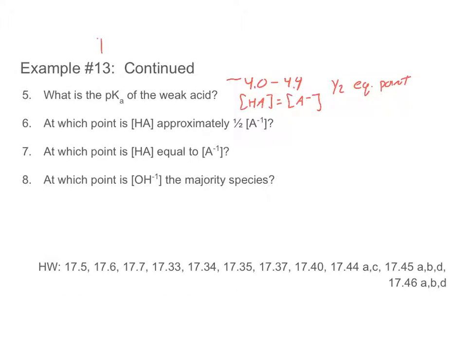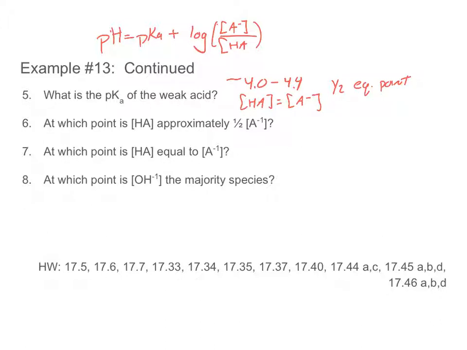And according to the Henderson-Hasselbalch equation, pH is equal to pKa plus the log of the concentration of the conjugate over the concentration of the weak acid. And if they're equal to one another, they give you a value of 1, and the log of 1 is 0. So that's how we know that the pH and pKa are equal at that point.